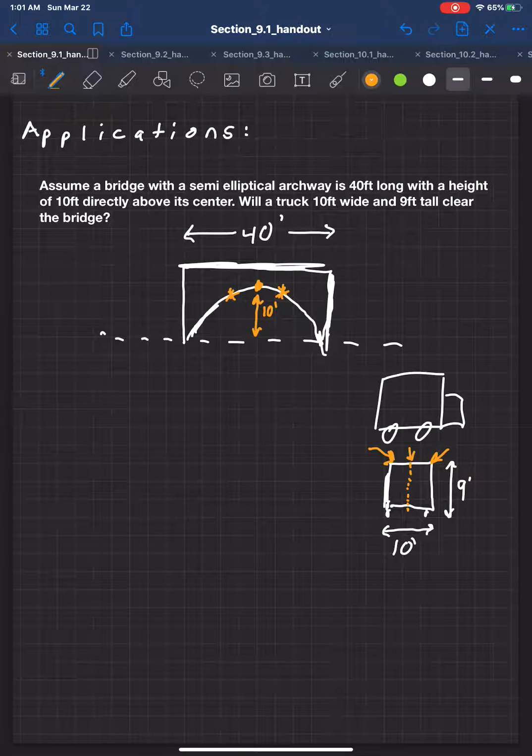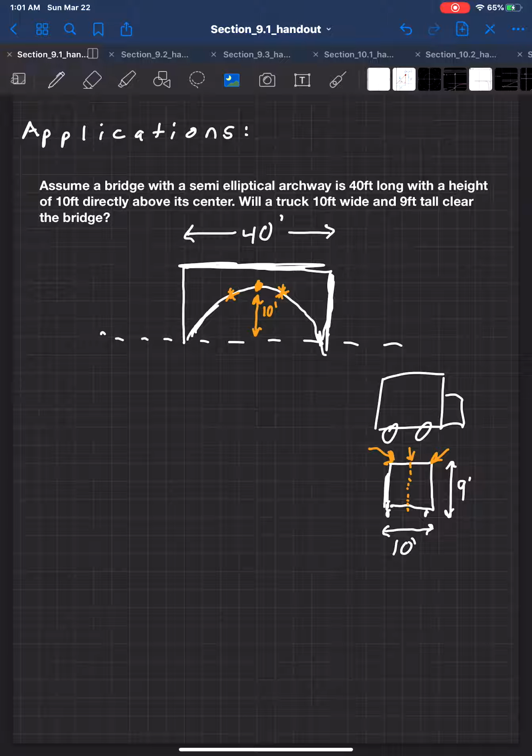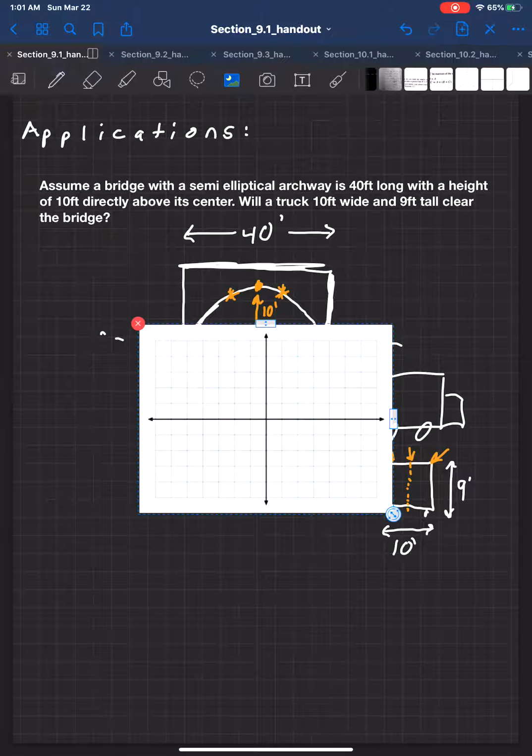So how do we take an example like this and place it into a problem where we can form an equation and solve it? And let me go ahead and throw a graph in here.